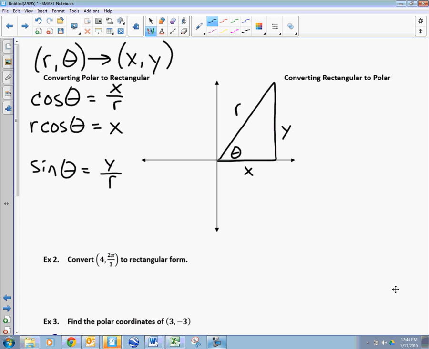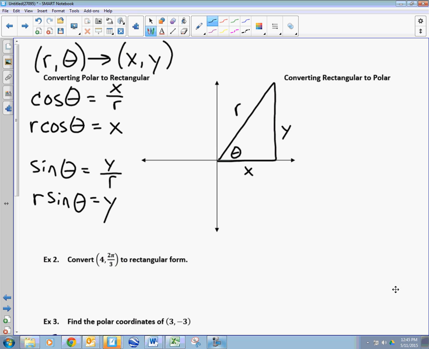Multiply both sides by r, and we get r sine of theta is equal to y. So if you want to find x and y, x is r cosine of theta, y is r sine of theta. Any clarification needed there?